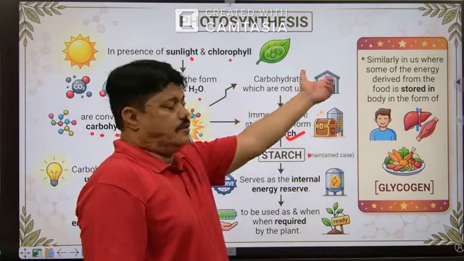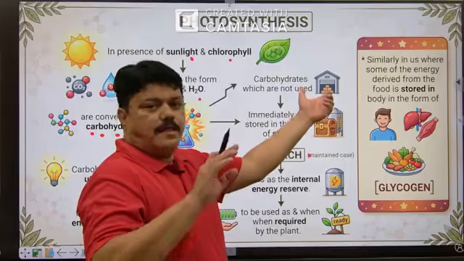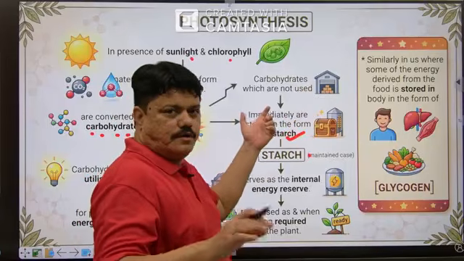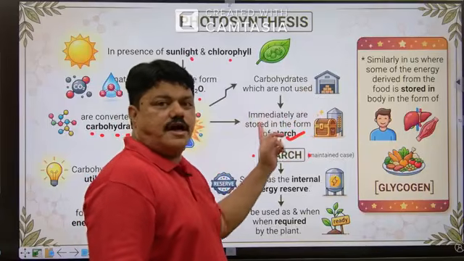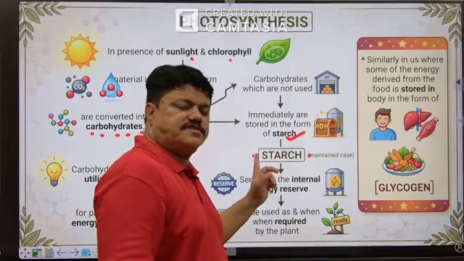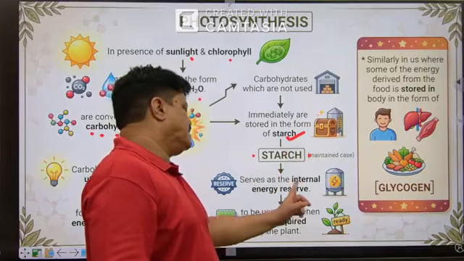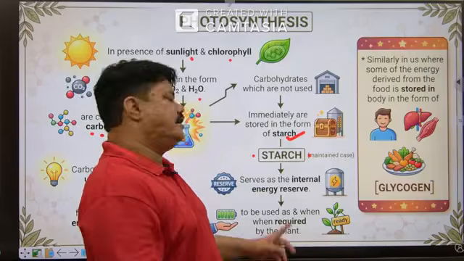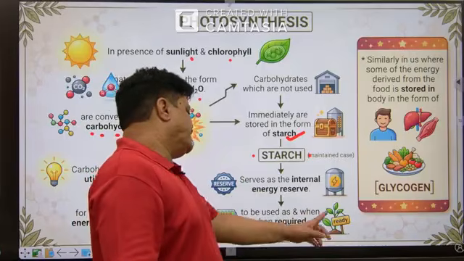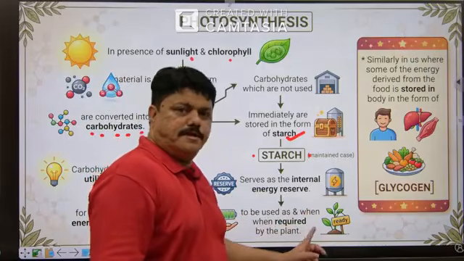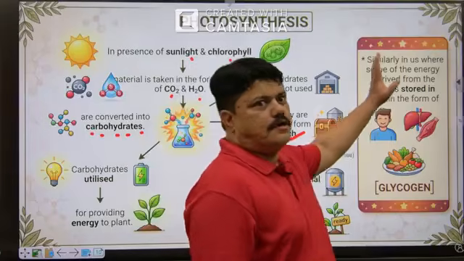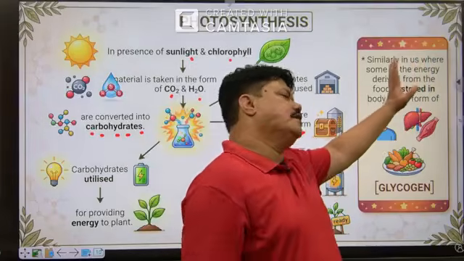Such carbohydrates which are not utilized immediately are converted into starch. Starch serves as an internal energy reserve, to be used as and when required by the plant.